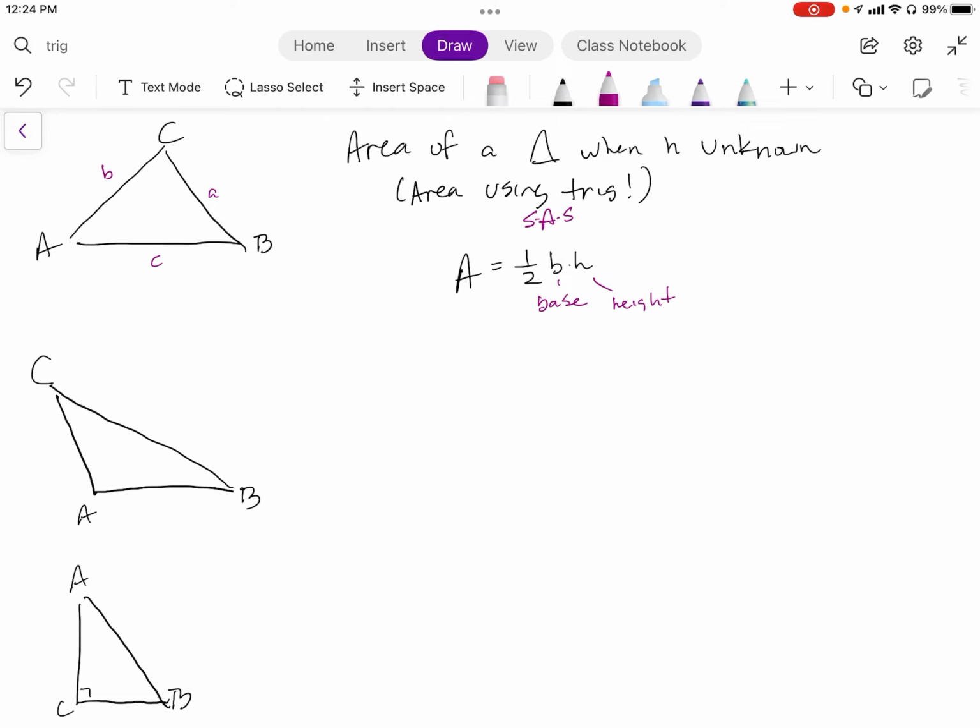Now sometimes, depending on the orientation and what you know of a triangle, the height actually may not even be part of the triangle.